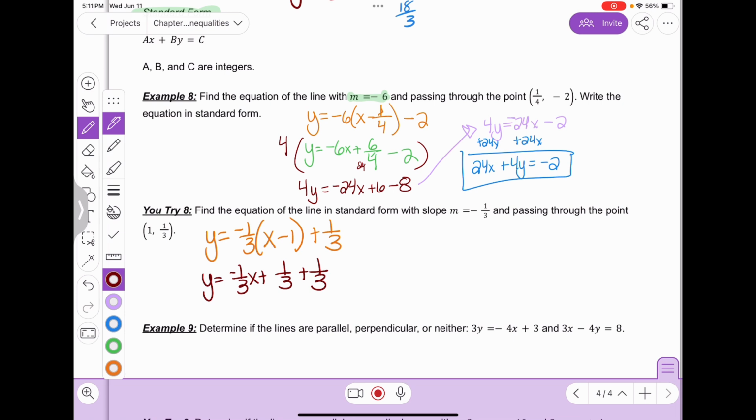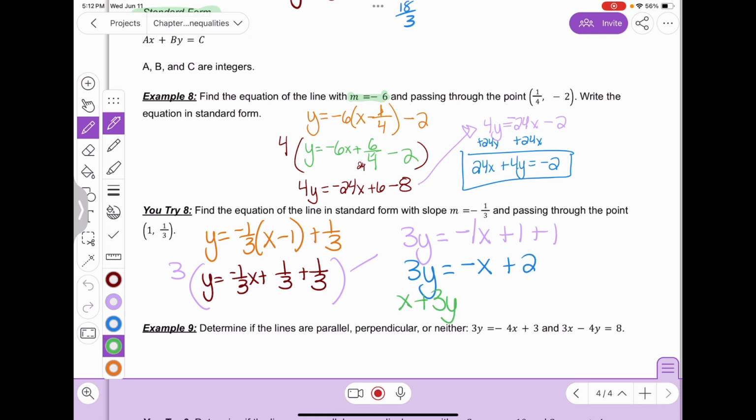So you always want to make sure you get rid of the parentheses before you get rid of the fractions. So now multiply everything by 3. So 3y equals negative 1x plus 1 plus 1. Combine like terms. 3y equals negative x plus 2. Add x to both sides, and you get x plus 3y equals 2.